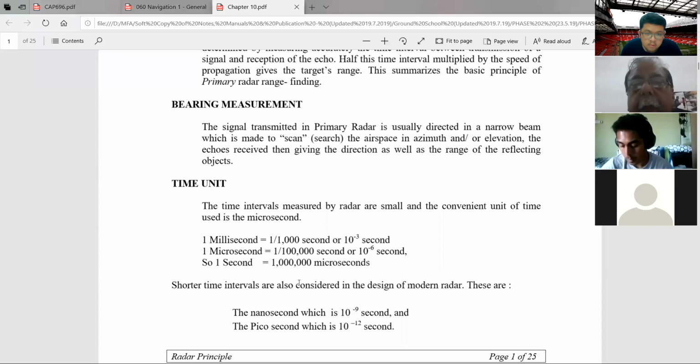How much is this distance? You convert this, whatever meters you are getting, into nautical miles. I said 1 second, how much distance will you cover? 81,000 nautical miles, sir.